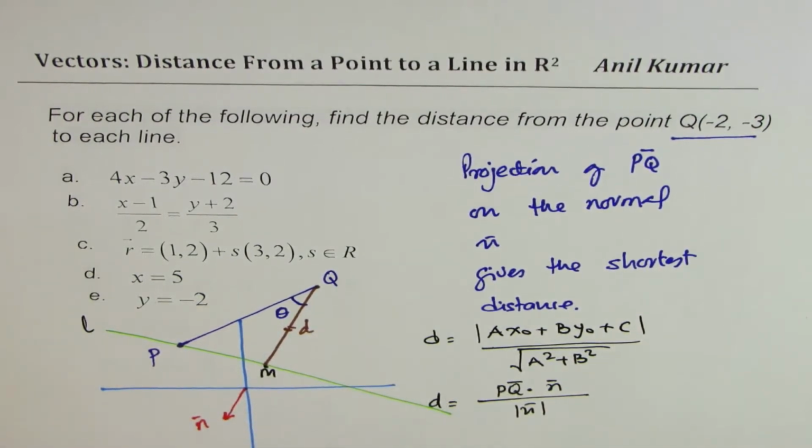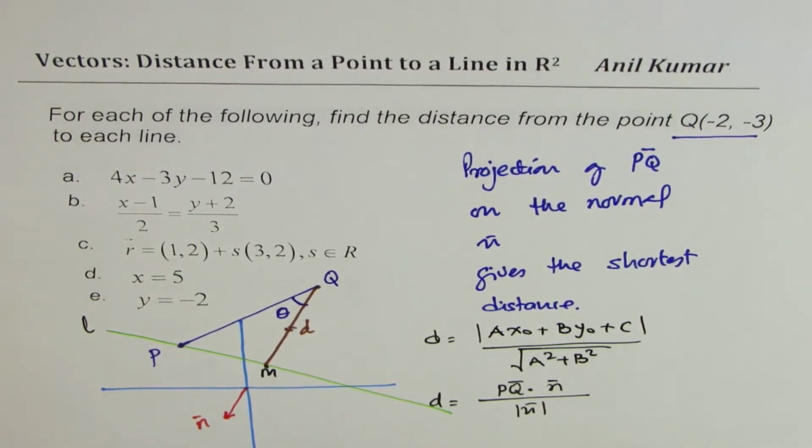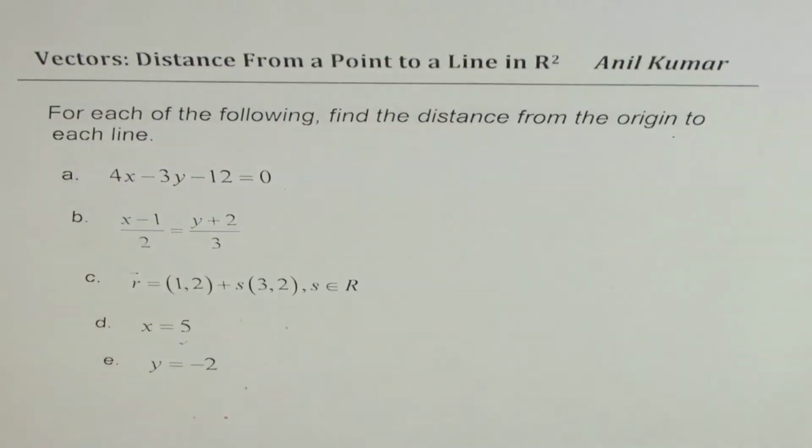So I hope the concept is clear. We are going to use one of these formulas to calculate the shortest distance. You can pause the video, copy the question, try it out, and then look into my solutions. Once we have done the shortest distance from a given point, I will slightly change the question as an exercise for you.